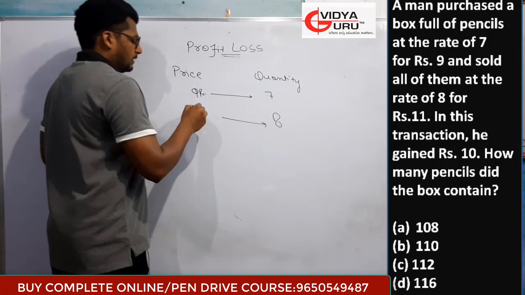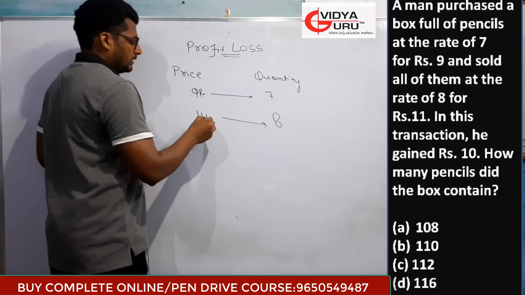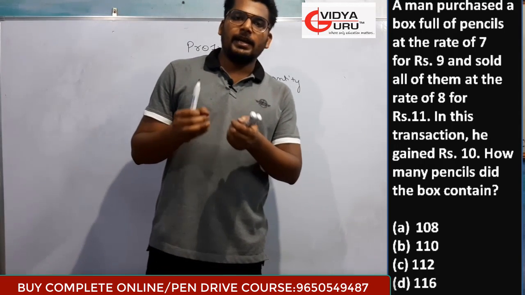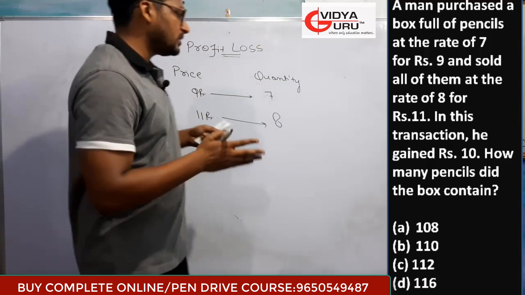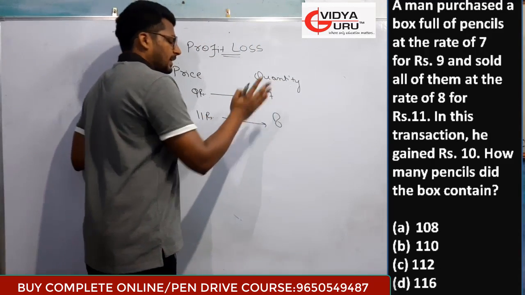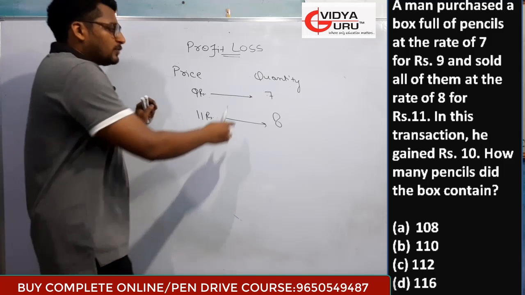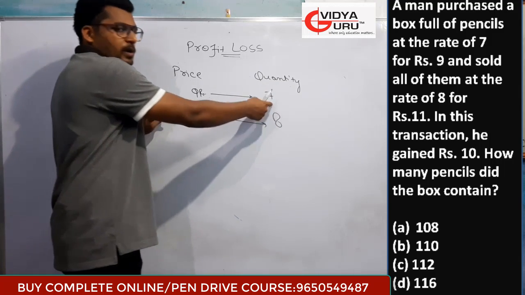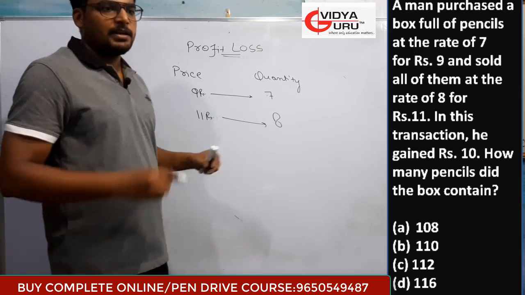Sold all of them at 8 for rupees 11, and in this transaction he gained 10 rupees. Now we have to tell how many exact pencils he bought. He sold all the pencils he bought. That means we have to make the quantity equal as we have done earlier.